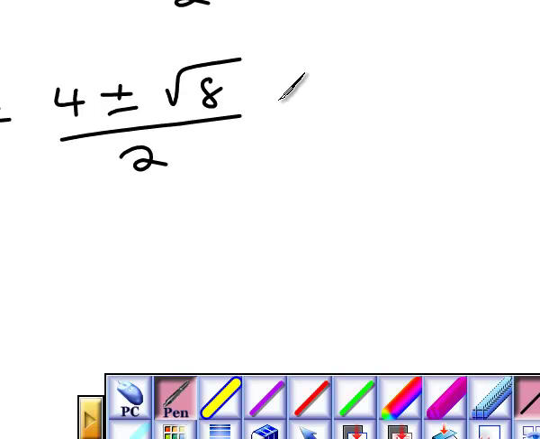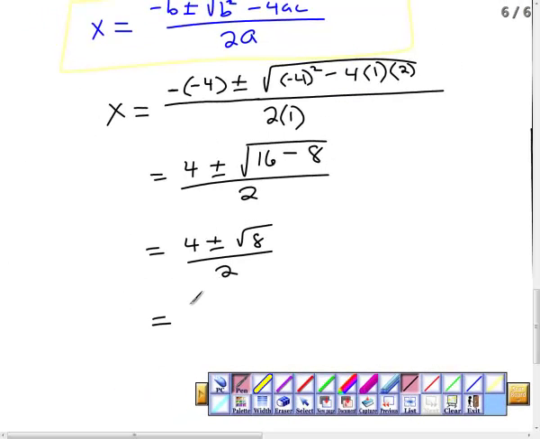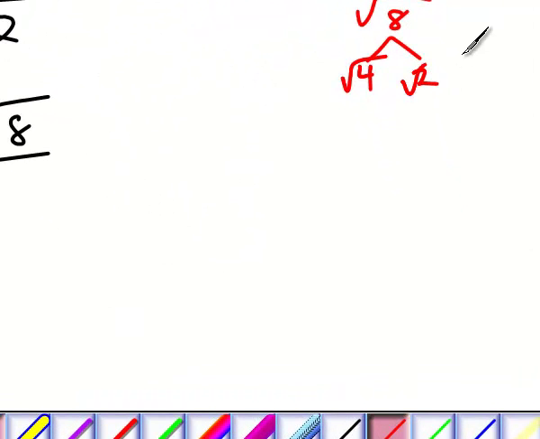Well, the square root of 8 is going to be what? It doesn't come out to be an even square root, so basically we got to split that, right? The square root of 8, if we do this off to the side, factors of 8 are what? 2 and 4, right? So this would be like the square root of 4 times the square root of 2.